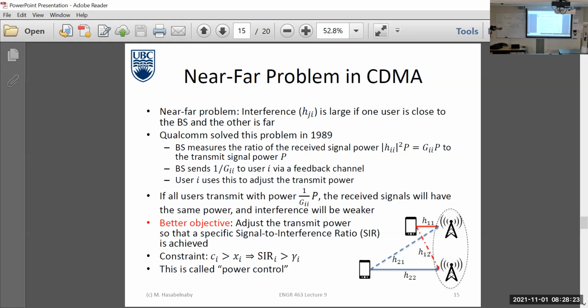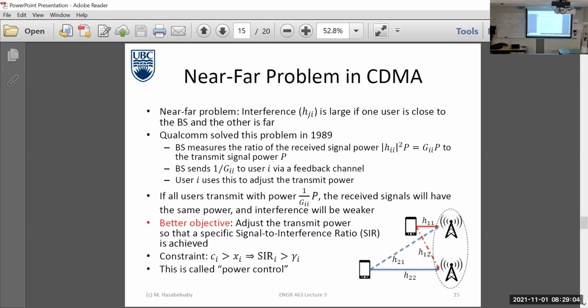Here S2 multiplied by S1 is not equal to 0, well, equal to a small parameter. But as you can see here, this user is closer than this user to base station 1. So the received signal from user 1 at base station 1 will be greater than the received signal of user 2 at base station 1.